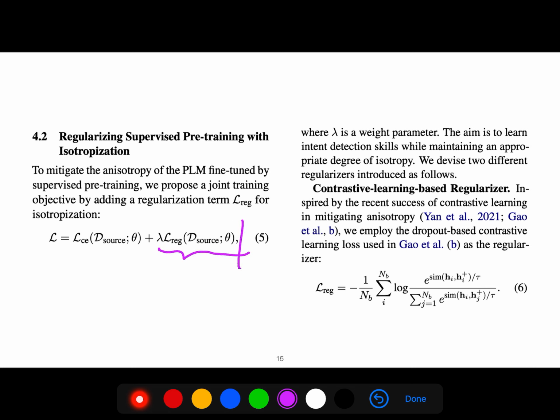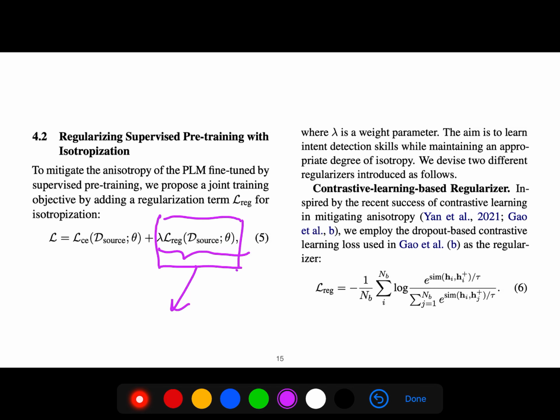So this term refers to our work for fighting anisotropy. This is the isotropization term, and lambda is just a hyperparameter. The aim is to learn intent detection skills while maintaining an appropriate degree of isotropy.